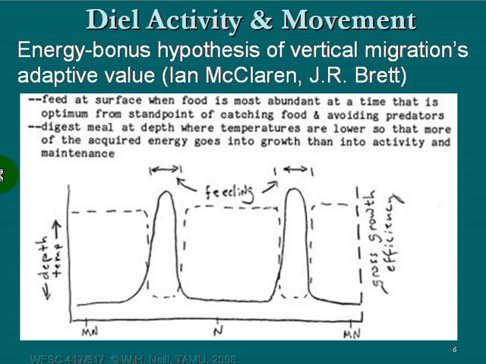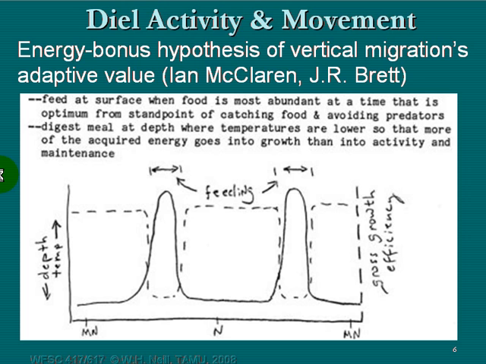And that the lower temperature at depth means that more of the energy that was in the food that the zooplankton consumed gets retained as new zooplankton instead of being wasted in respiration. J.R. Brett, on the other coast of Canada, out in British Columbia, took McLaren's idea and applied it to sockeye salmon movements up and down in the water column.